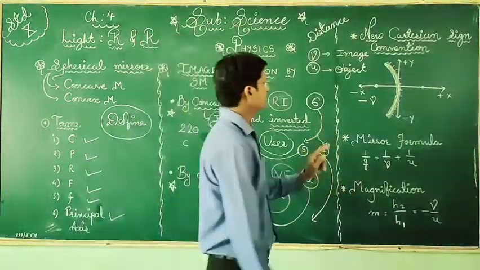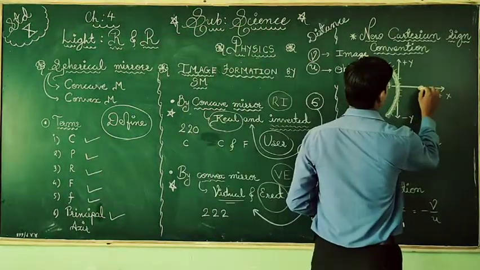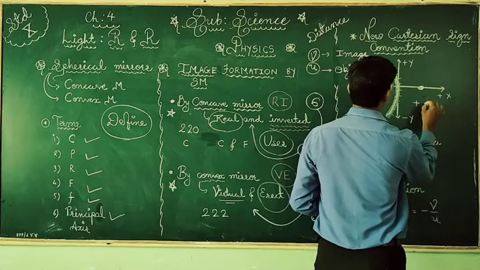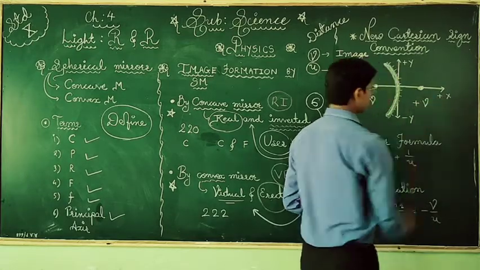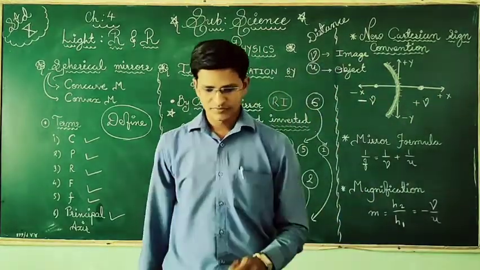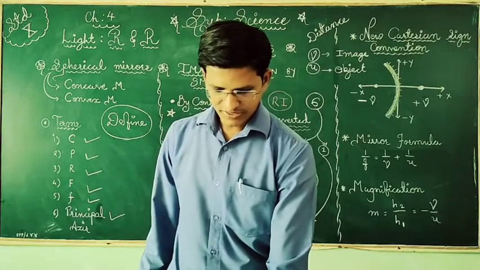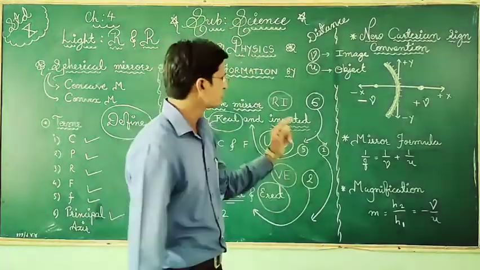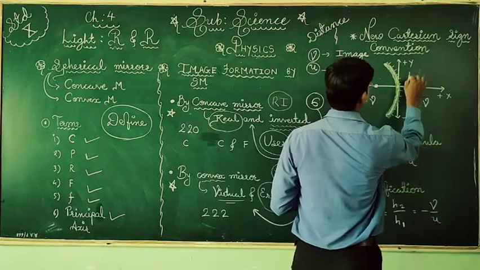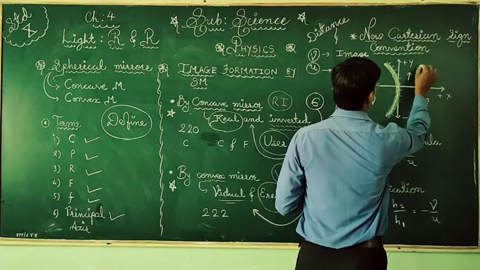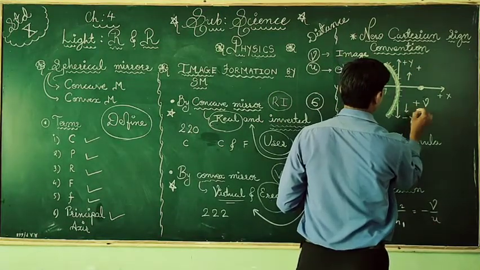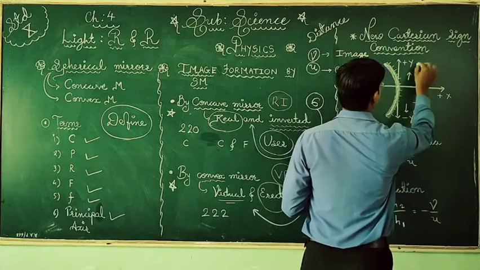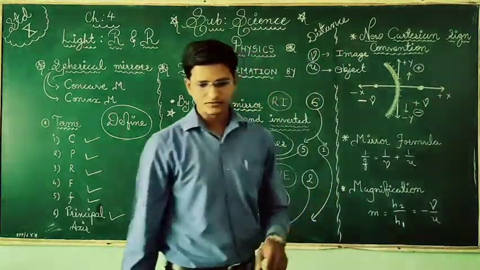And if the image forms here, it will be taken as positive, and the distances are taken as positive. So here you can also see the distances: this one is positive, this one is minus, so that you will remember.